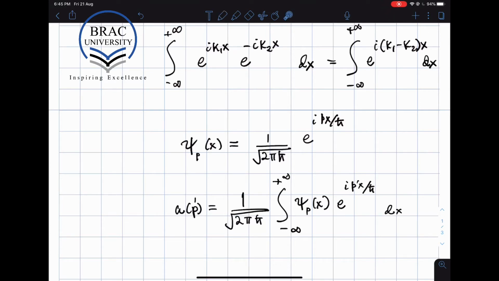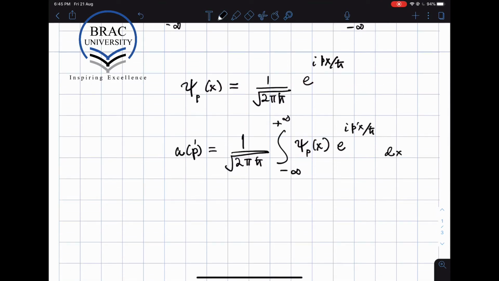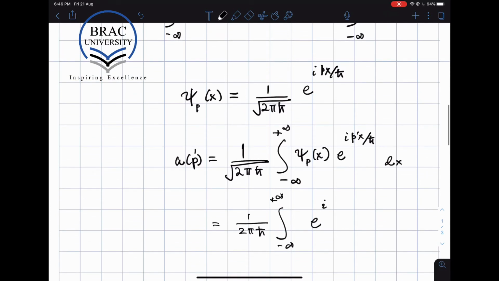Now, if I use the expression for psi p given here, then this integral becomes 1 over 2 pi h bar, integral goes from minus infinity to plus infinity, and then I have e to the power i, and over here I get e to the power i, say, (p plus p prime) x over h bar, and then I have dx.